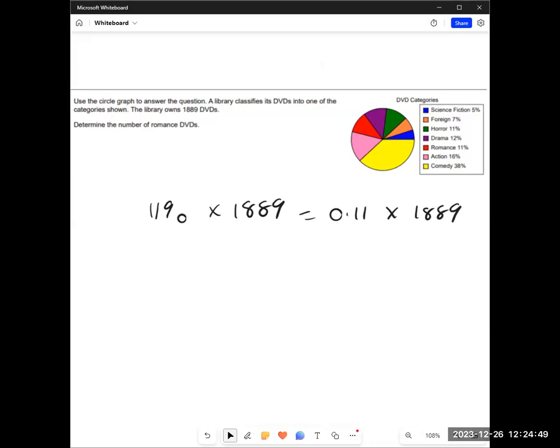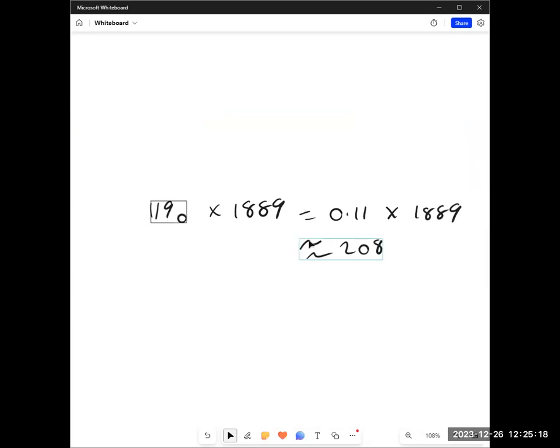And I get about 208. I get 207.79, which is impossible because you have to have an entire DVD, so I rounded to the nearest whole number, which is going to be 208. Go ahead and clear that one and look at the next problem here.